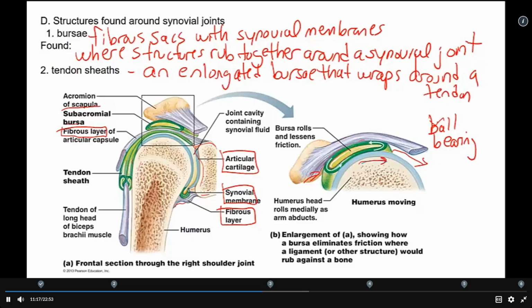And in this figure here on the left, you can see the tendon, which is attached to a muscle called the biceps brachii. And this tendon actually runs right through the synovial joint, and around it is a sheath of synovial membrane. So again, that's protecting the tendon so that when the joints move, the bones move, the tendon doesn't get worn down.